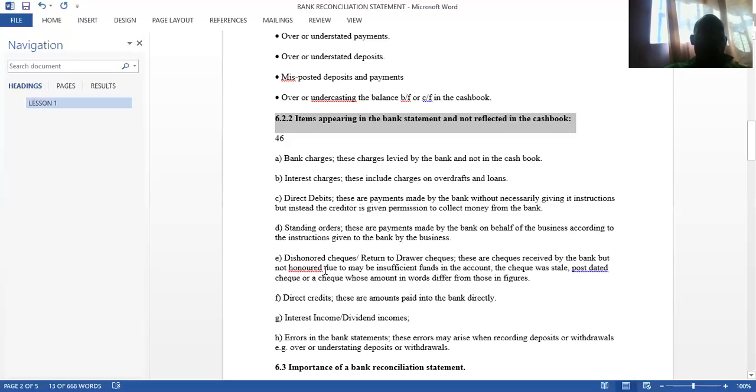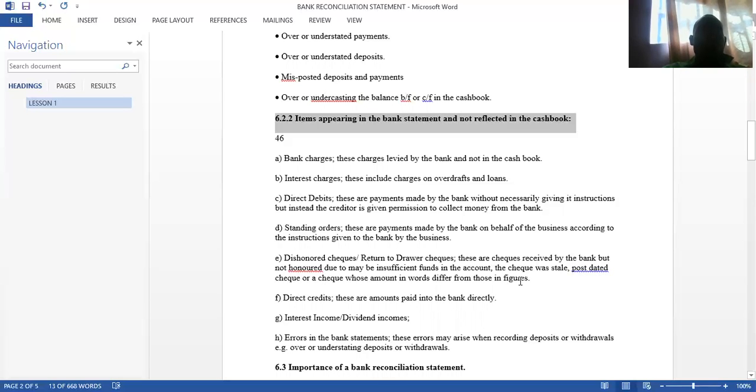Then we also have a case of dishonored checks. These are checks that have been rejected by the bank because of quite a number of reasons. One, maybe the amount in the account of the person who wrote the check is insufficient. Two, it can be a case whereby the amount in figures and words are not the same. It can be a case of post-dated or outdated checks.